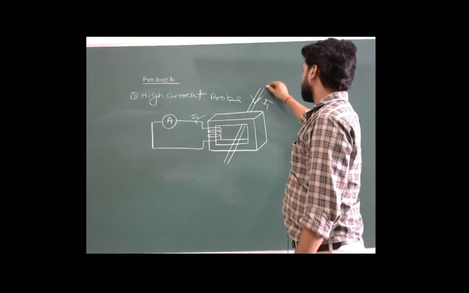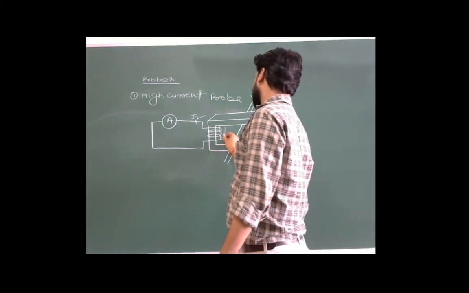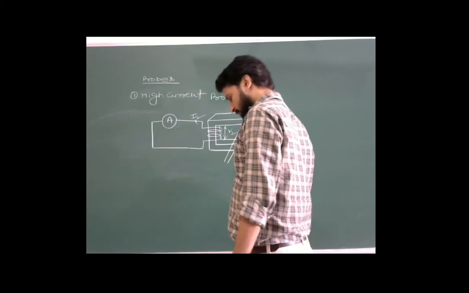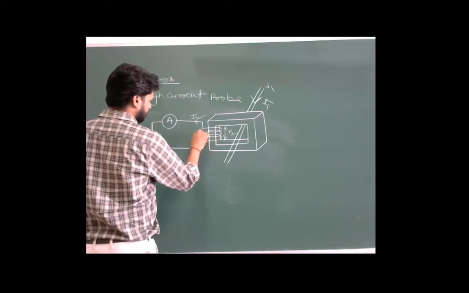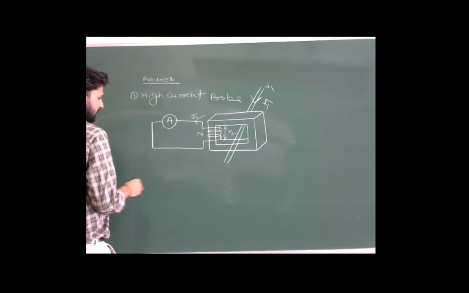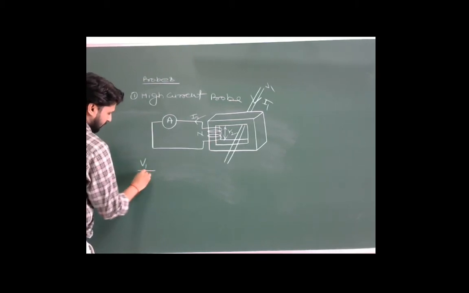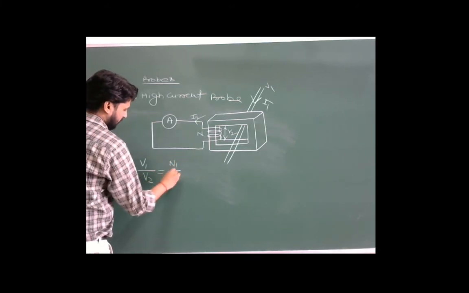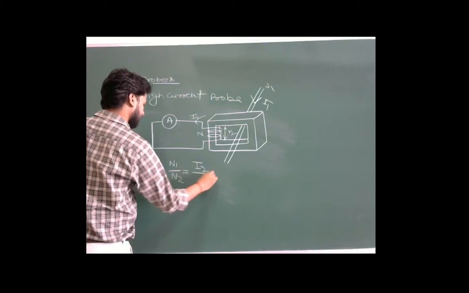Suppose the applied voltage here is V1, and the voltage induced in the secondary winding is V2. Then we can write the equation as, here suppose the number of turns are N, then V1 upon V2 is equal to N1 upon N2 is equal to I2 by I1.